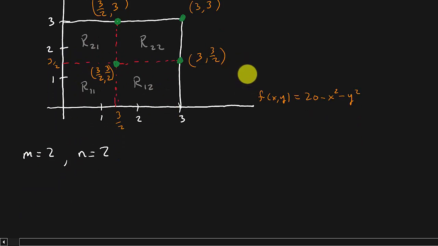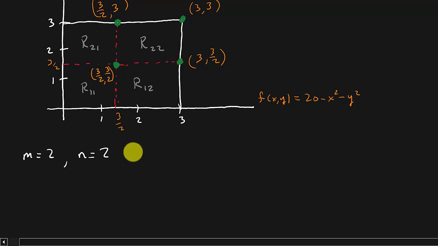So now let's get delta x. Remember, that's (b - a)/m. So b, which is 3, minus a, which is 0, over m, which is 2. So that's 3/2. And then delta y is the same thing.